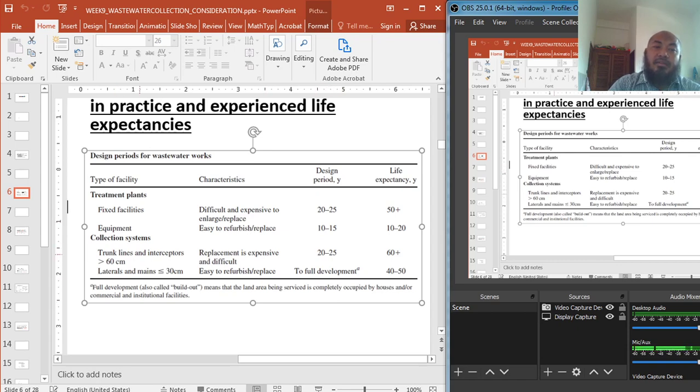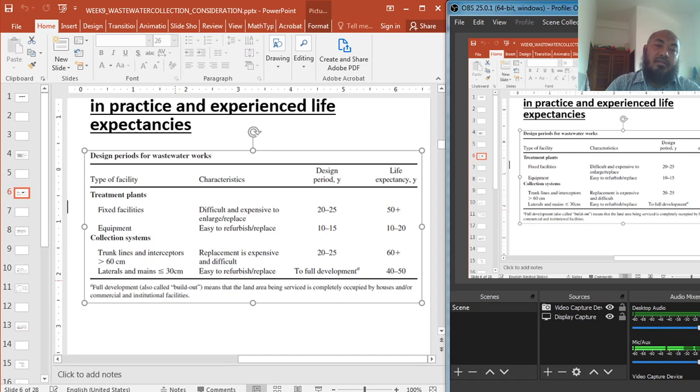For this topic we are talking about the collection system. A trunk line and interceptor, greater than 60 centimeter, is expensive and difficult to replace, so the design period could be allocated around 20 to 25 years.